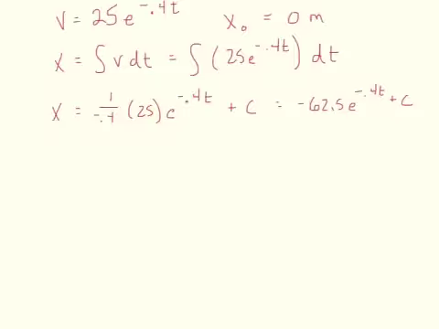So since we said that x naught was going to equal 0 meters, I'm going to plug in 0 for x, I'm going to plug in 0 for t, and I'm going to solve for c. So 0 equals negative 62.5 times e to the 0 power plus c. And since anything to the 0 power equals 1, then I get that c must equal 62.5.